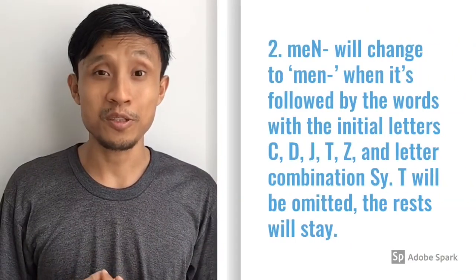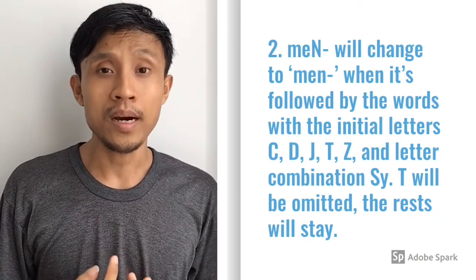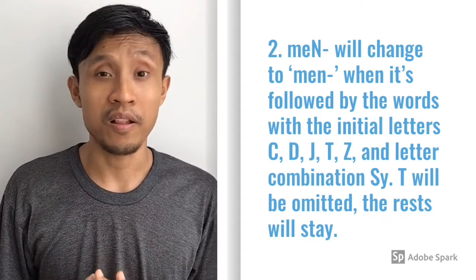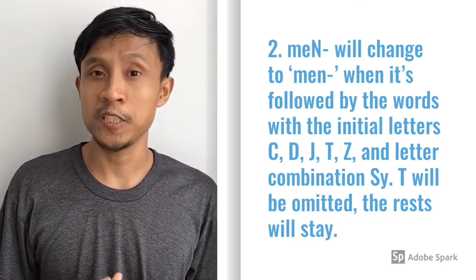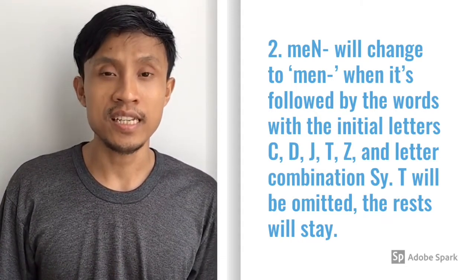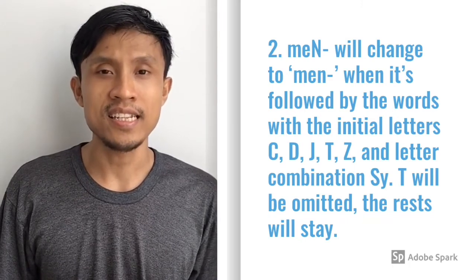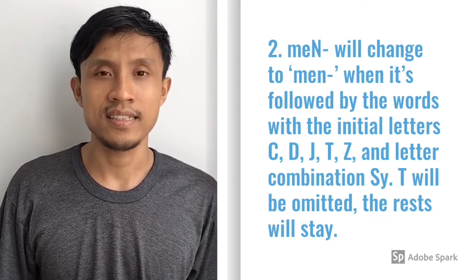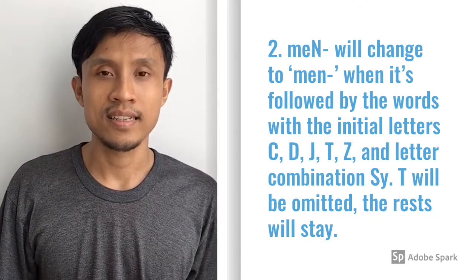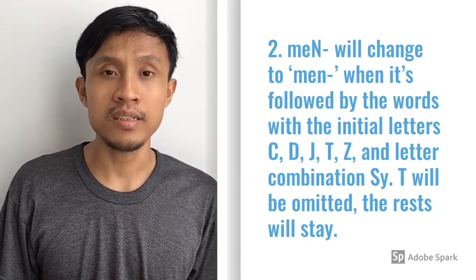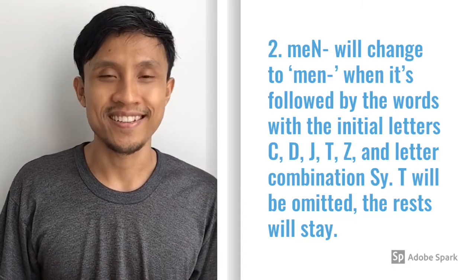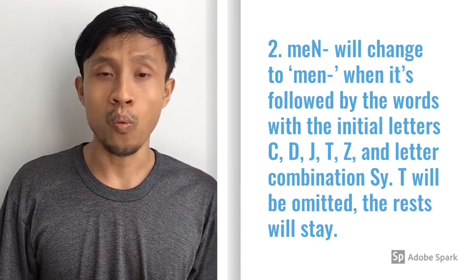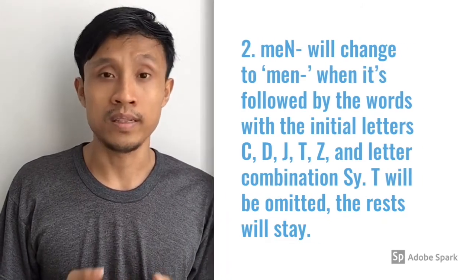Rule number 2: me will change to men when it's followed by the words with the initial letters C, D, J, T, Z, and letter combination S and Y. T will be omitted while the rest will stay.